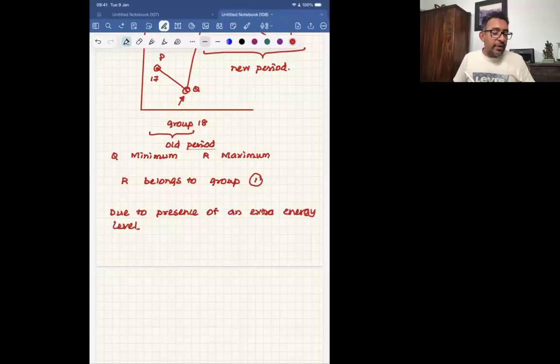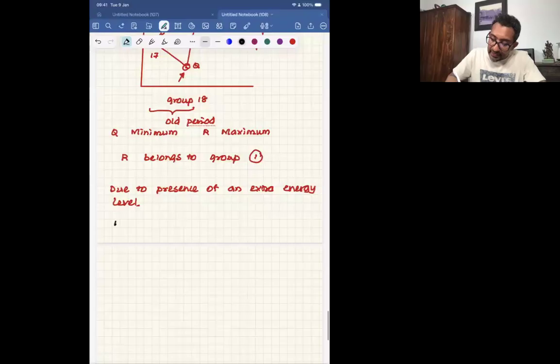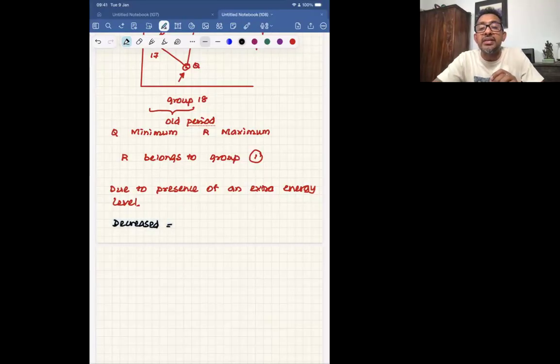Explain the variation of the covalent radius of RST. What happens? Can Baran explain the variation of the covalent radius of RST? What has happened to the covalent radius? It has decreased. Why is it decreasing? Explain the variation. What is the reason? Why does the radius decrease?